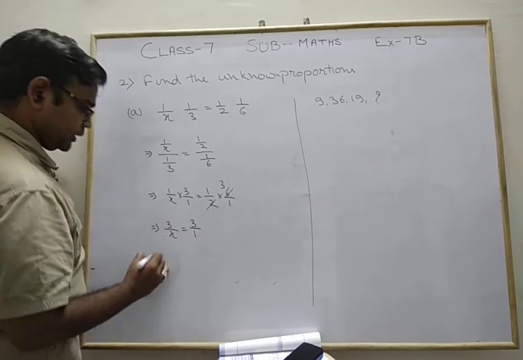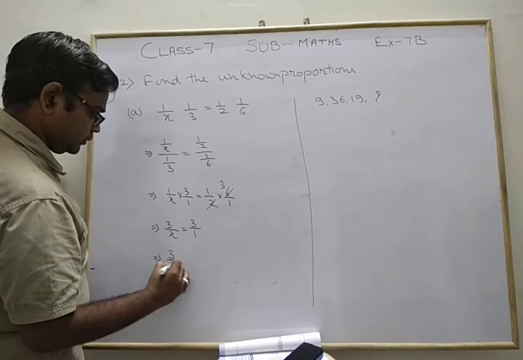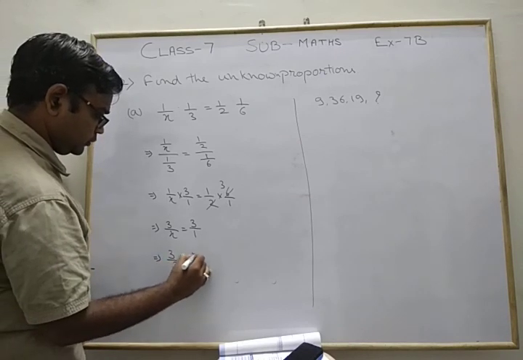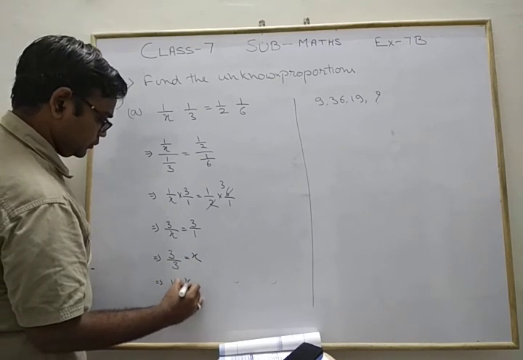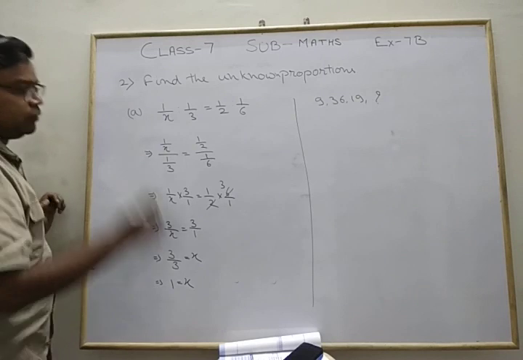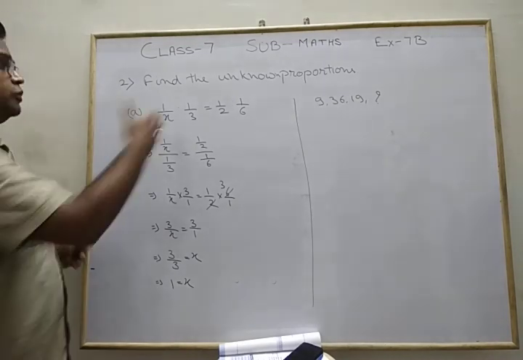By cross multiplication, what do we have? We have 3 upon 3 equals x, or 1 equals x. This is the value of x. So this is your unknown proportion. This is in this question.